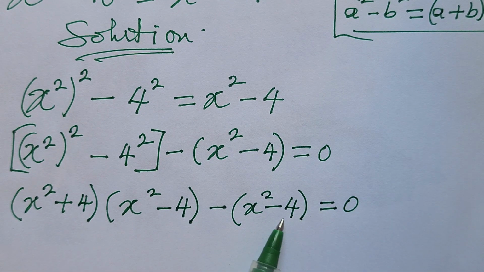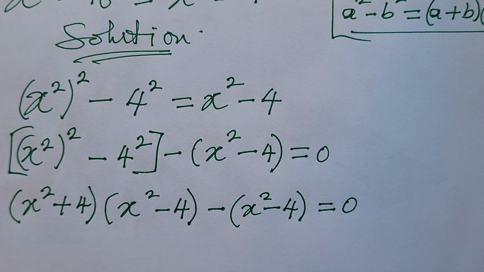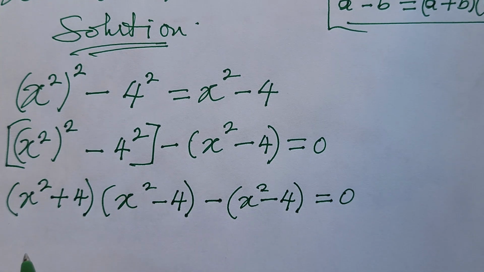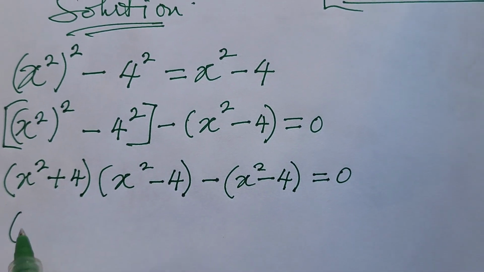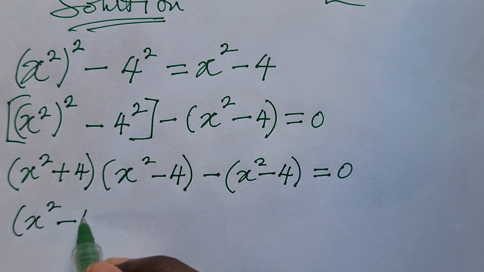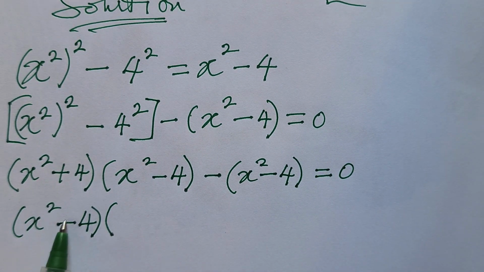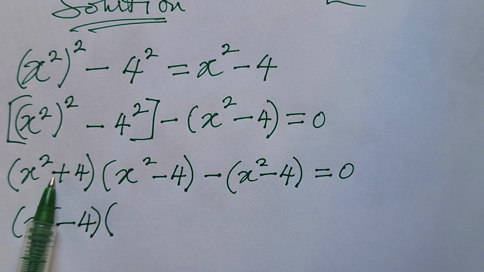So you discover that this is also there. So what we do, we factor out x to the power of 2 minus 4. So if we do that, it's going to give us bracket open x to the power of 2 minus 4 close bracket, bracket. If we use this to divide everything here, we are left with this 10 here.